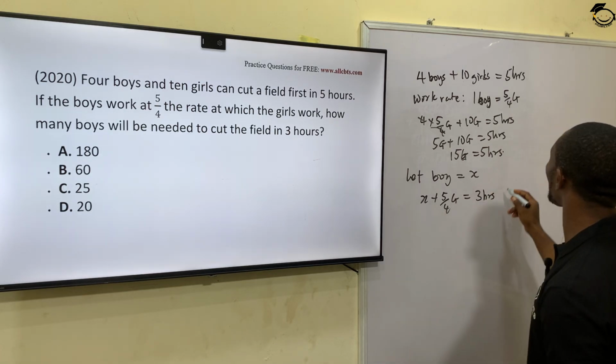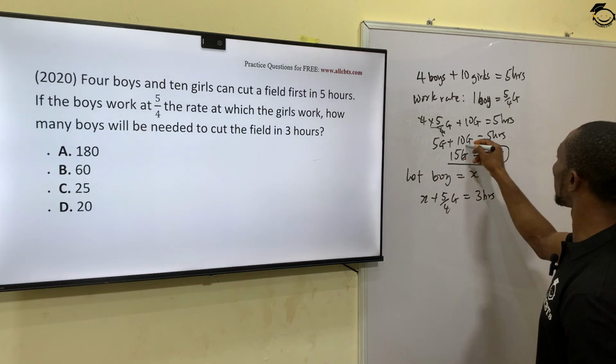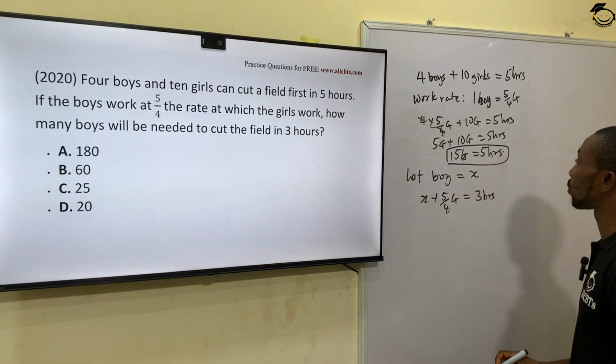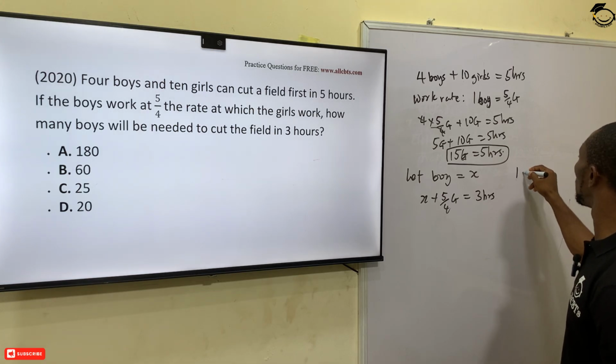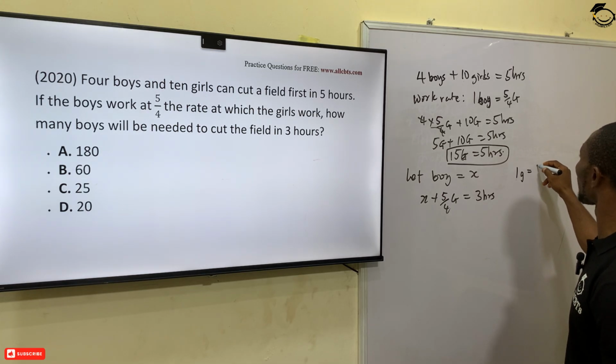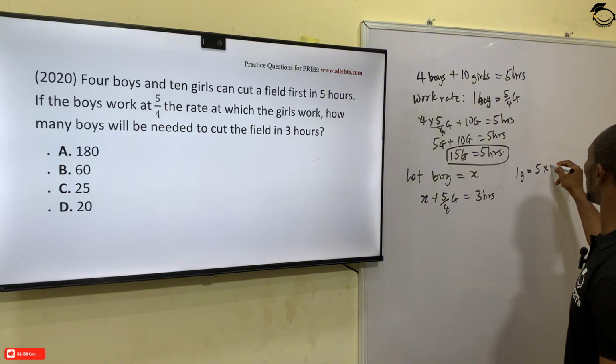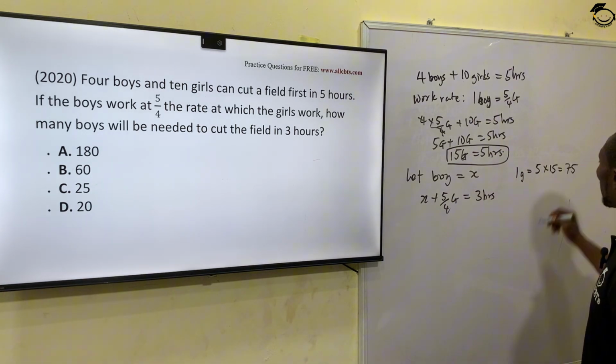Okay, now from here we can find our work ratio rate hours, which is for 1G, we are going to have it as 5 times 15, which gives us 75.